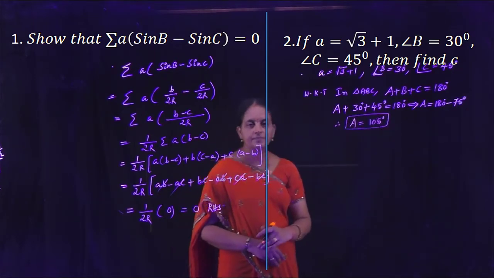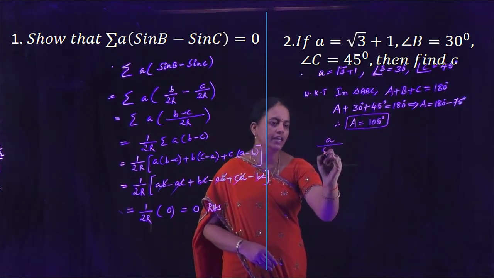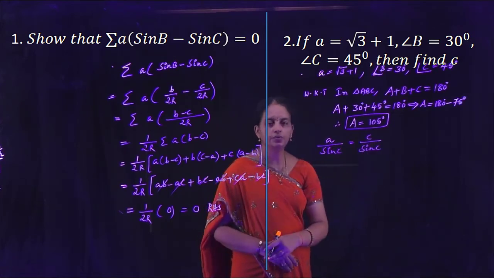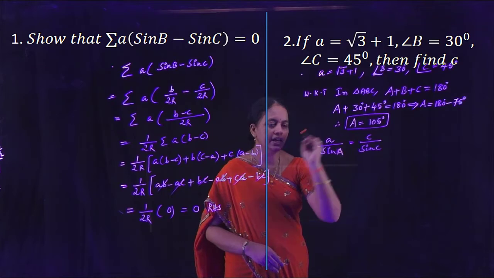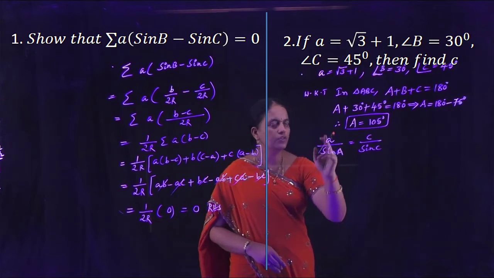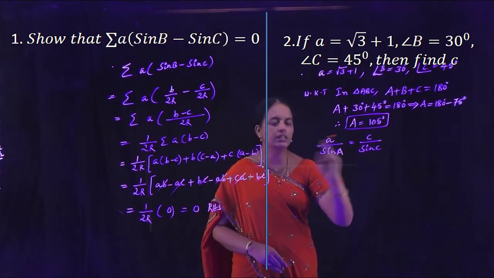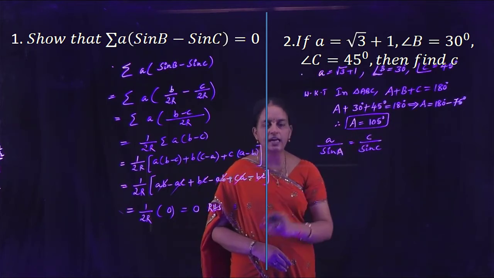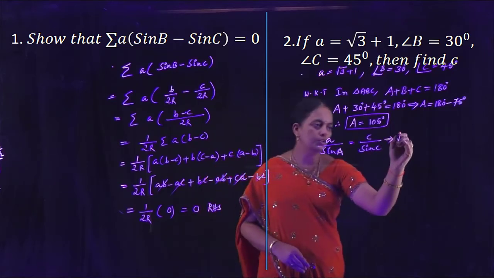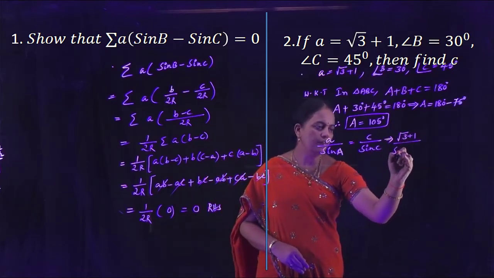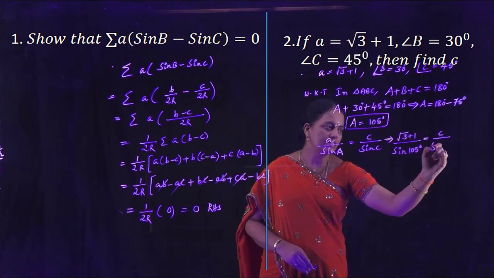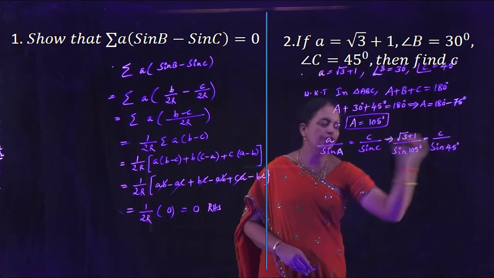And we know that from sine rule, a by sin A is equal to c by sin C. Here, we know the values of small a and angle C. Then we can easily find out the value of small c. So substitute these three values. Small a means root 3 plus 1 by sin of angle A, 105 degrees, is equal to small c by sin of angle C, 45 degrees.